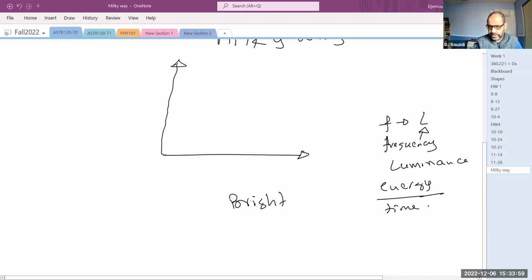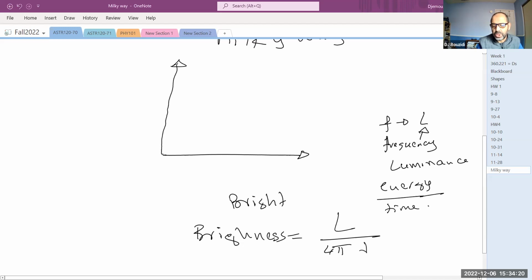If it's dim, that means far. So if I can find the luminosity based on the frequency, I can measure the brightness, then I use the fact that the brightness is simply equal to the luminosity divided by the area where the light spreads, which is 4 pi times the distance squared.